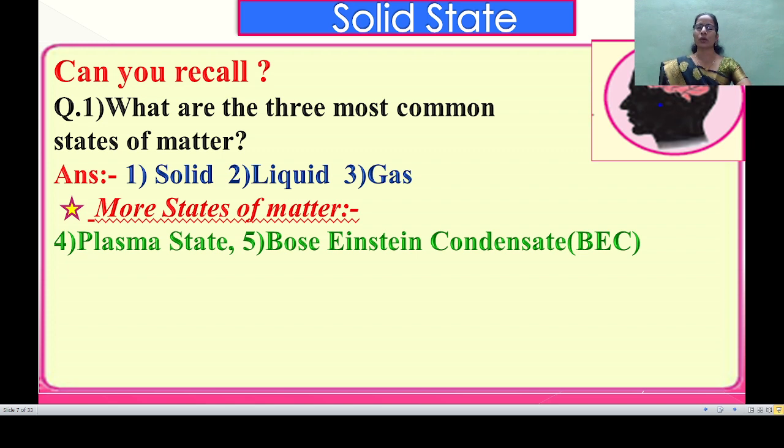But though the fourth state, plasma, is natural, it does not occur on the earth. Generally, it occurs at the sun and stars, and therefore the most common states of matter that exist on the earth are only 3, named solid, liquid, and gas.